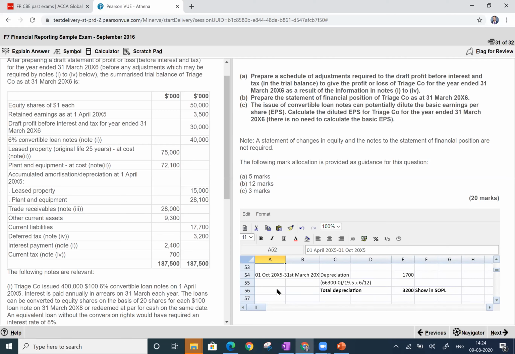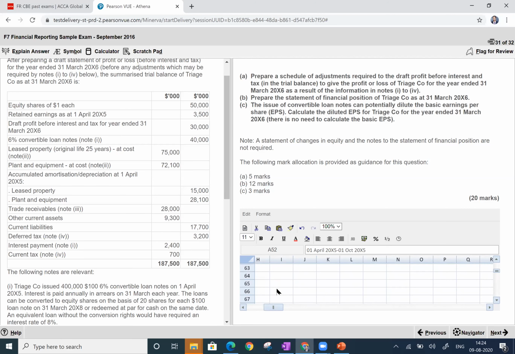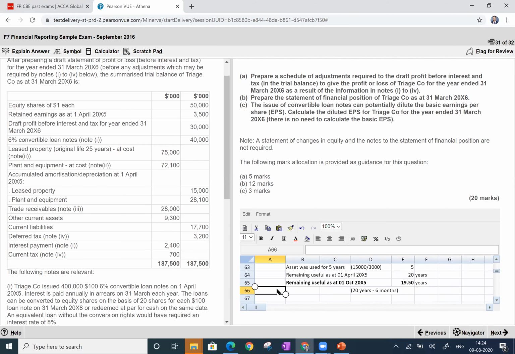Working note number 4, depreciation of plant and equipment.